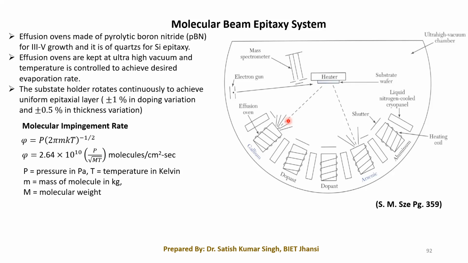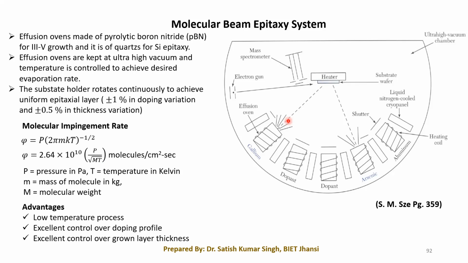Similarly, we can also control the thickness of our epitaxial layer very precisely. So these are the advantages that molecular beam epitaxy is offering: low temperature process, and excellent doping profile.